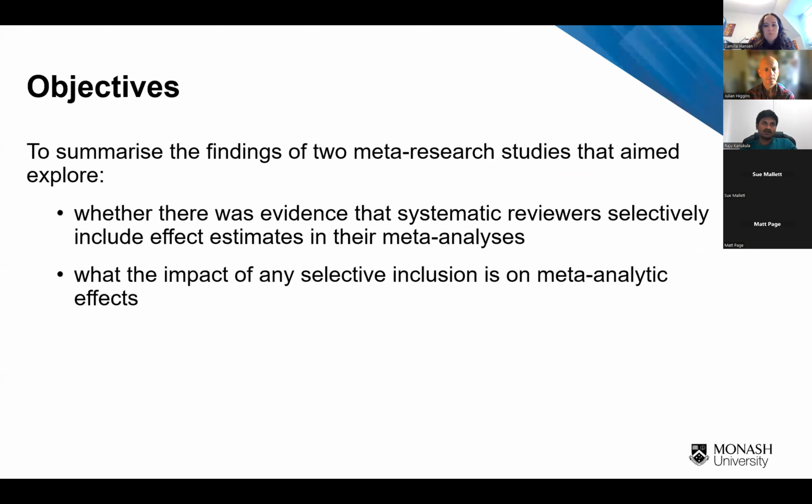In this presentation, I'm going to summarize the results of 2 meta-research studies which were published by myself and my supervisors. Those aimed to explore whether there was evidence that systematic reviewers selectively include effect estimates in their meta-analysis, and if so, what the impact of any selective inclusion is on the meta-analytic effect estimates.